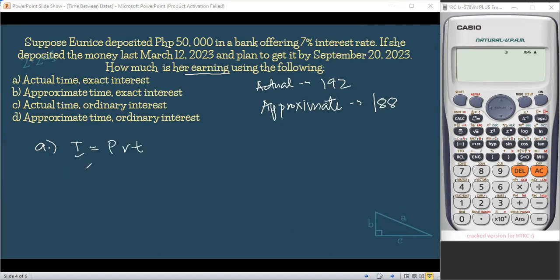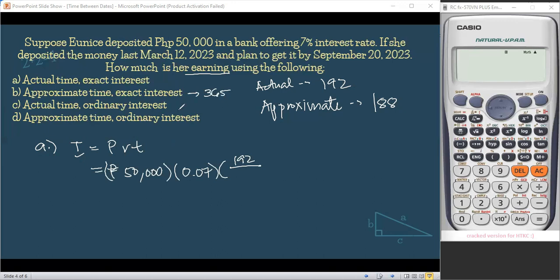So given po natin, P or the principal is 50,000 pesos. And yung rate po natin is 7% and that is 0.07 in decimal times the actual time. So that is 192 over exact interest. Ngayon po, ano pinagkaiba ng exact interest and ordinary interest? Kapag exact interest po, there are 365 days in 1 year.